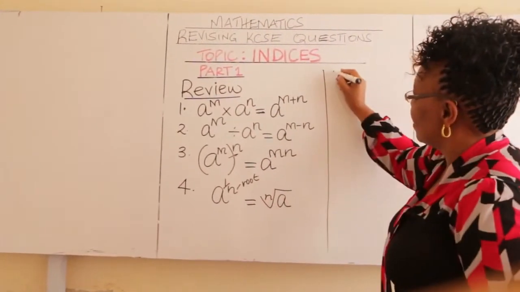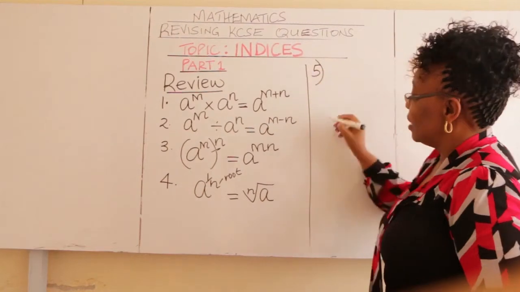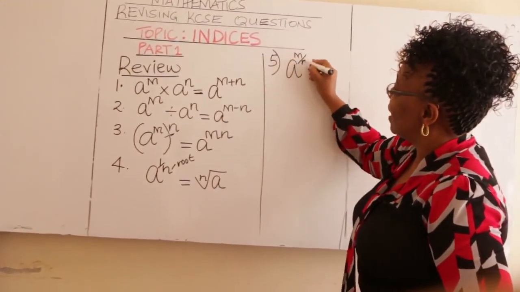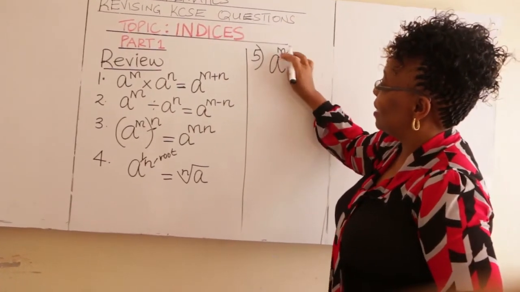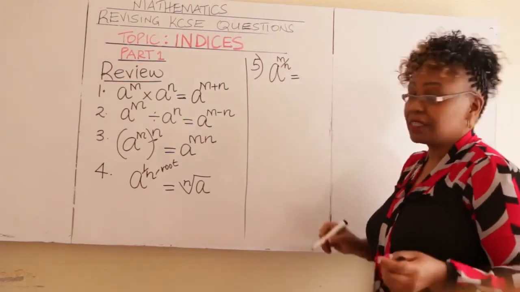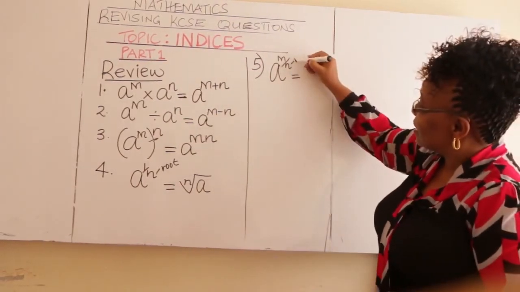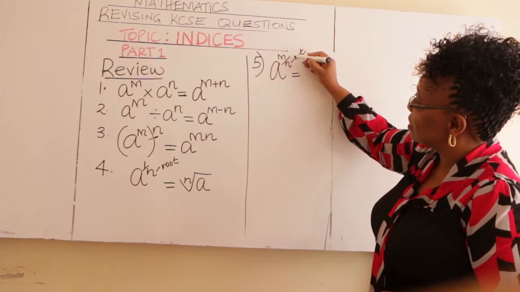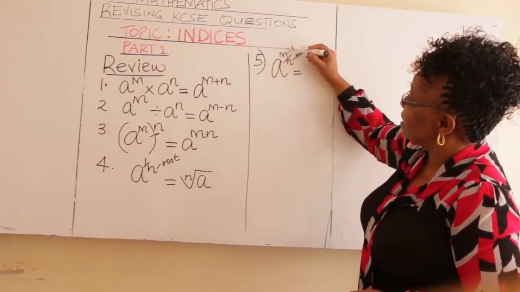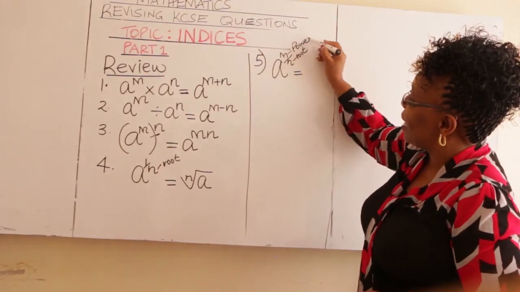Number 5. If you have a raised to m over n, learner, this is the same as what? This is the same as this denominator, take it as a root, just like here, and this numerator, take it as a power.